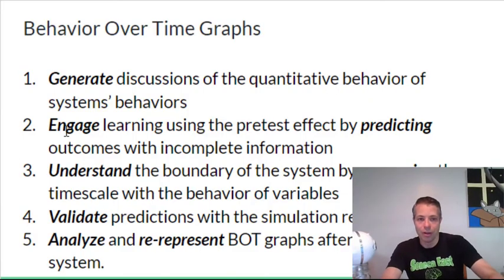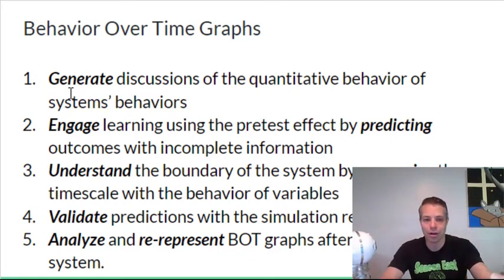In this video, I wanted to show you that behavior over time graphs can generate discussion for quantitative behavior of a system. Also, you can engage learning by having students actually predict the outcome without actually knowing everything that they need to answer the questions. That's that pretest effect.